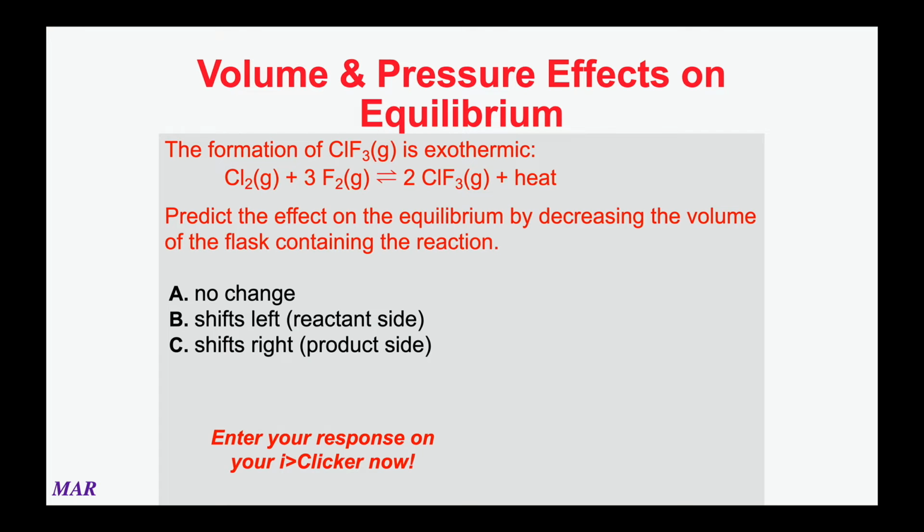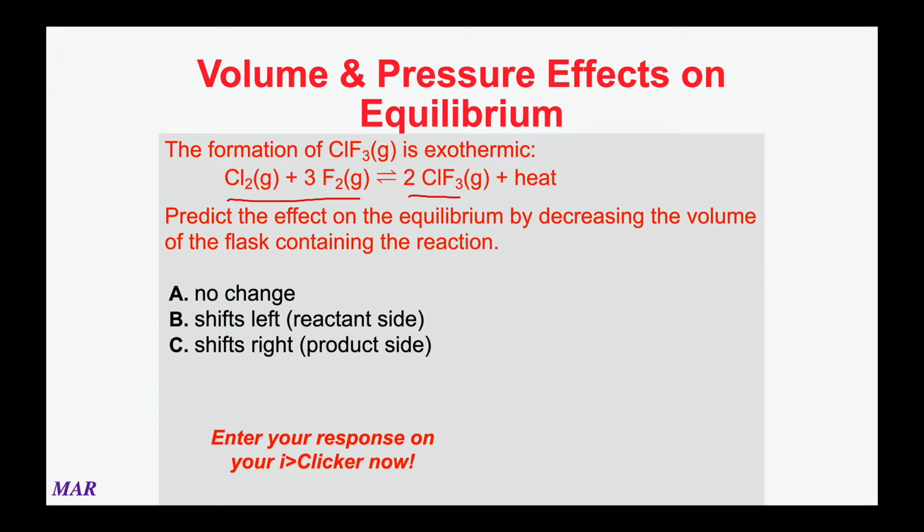Here's the same reaction we looked at earlier, chlorine plus fluorine making ClF3. And it says here we're decreasing the volume, okay? So we're going from like 2 liters to 1 liter, something like that. What's going to be affected? Well, notice on the reactant side here, we have 1 plus 3, so 4 moles of gas. And on the product side, we have only 2 moles of gas.